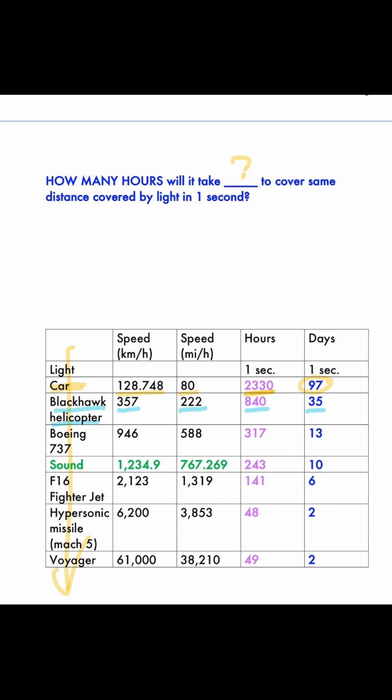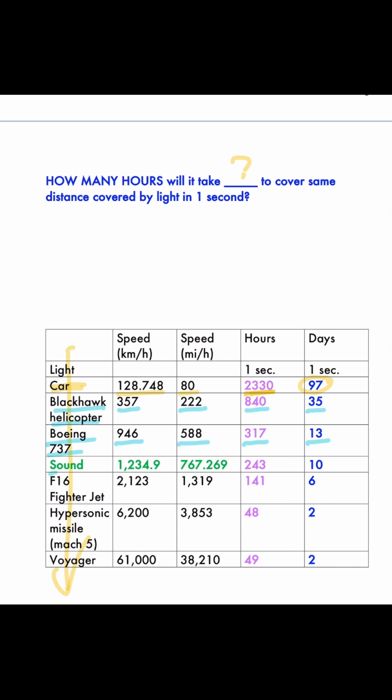Another example is a Boeing aeroplane, which travels at the speed of 946 kilometers per hour, which is 588 miles per hour. That plane will require 317 hours, which is about 13 days. So you need a passenger Boeing plane going non-stop at maximum speed for 13 days, day and night, to cover the same distance as light in 1 second.